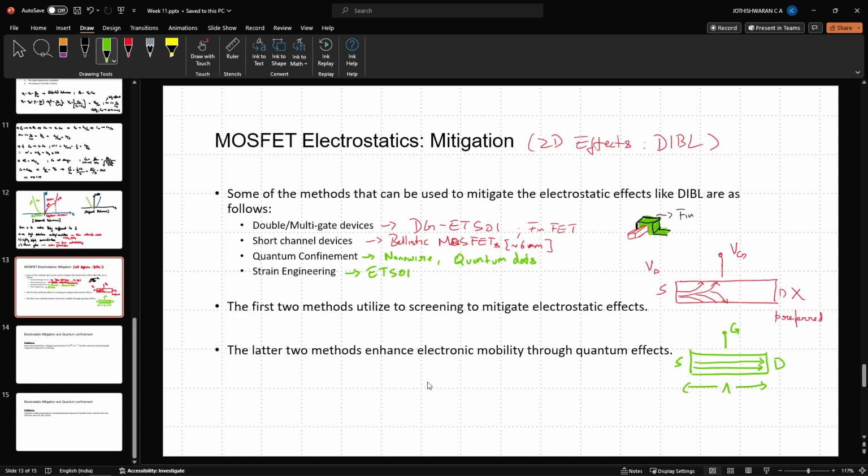Since the mobility of the electrons is increased, even if a small source voltage is applied, electrons will just rapidly rush towards the drain. They will not worry about any other voltages. So we make the drain source voltage the determining factor of the current. We make the electrons so mobile, or rather make the electrostatic effects so irrelevant, that they no longer affect us.